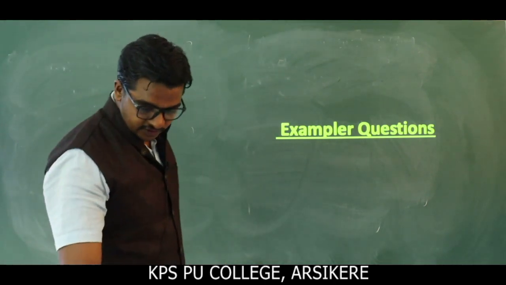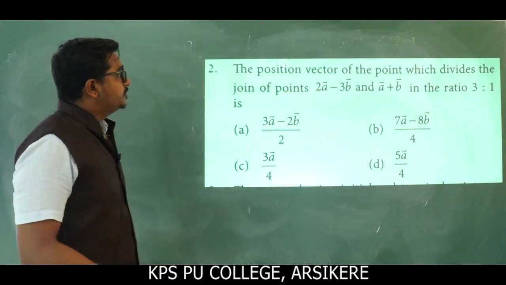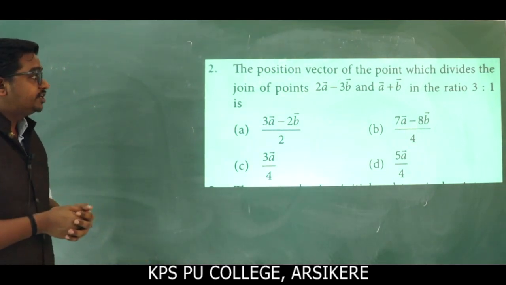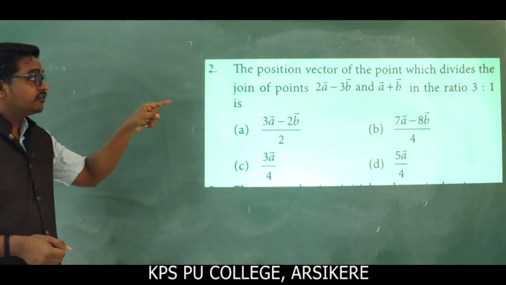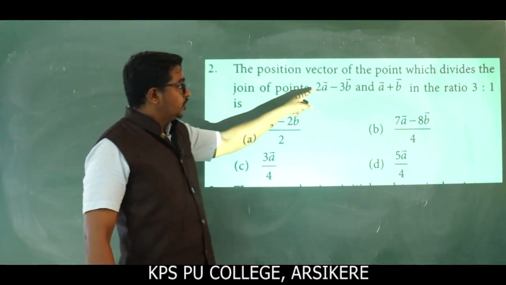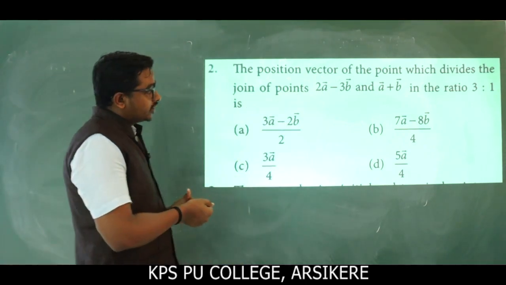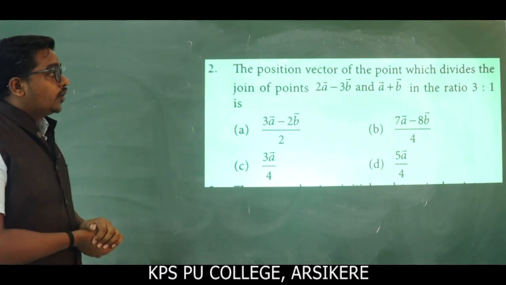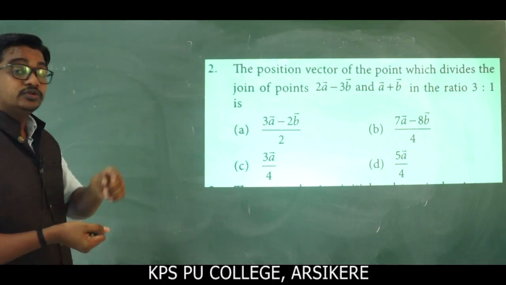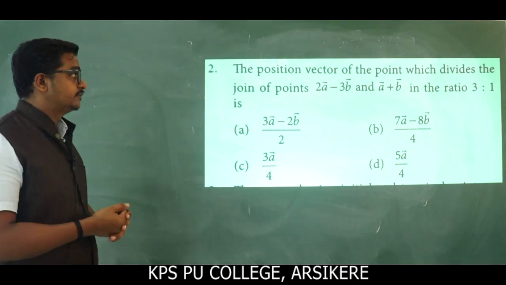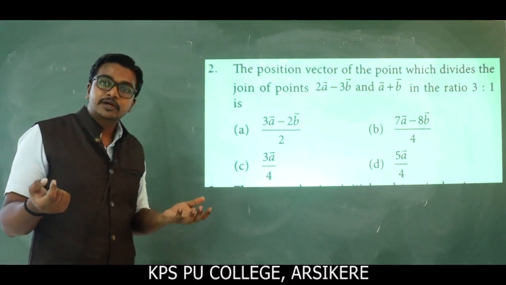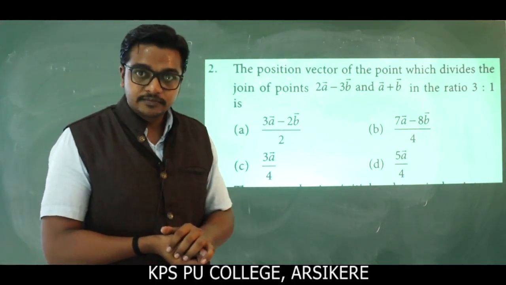The first question. The position vector of the point which divides the join of the points 2 vector A minus 3 vector B and vector A plus vector B in the ratio 3:1 internally. That becomes internal division.